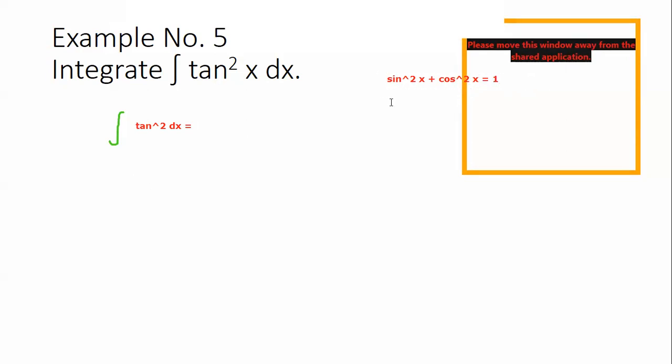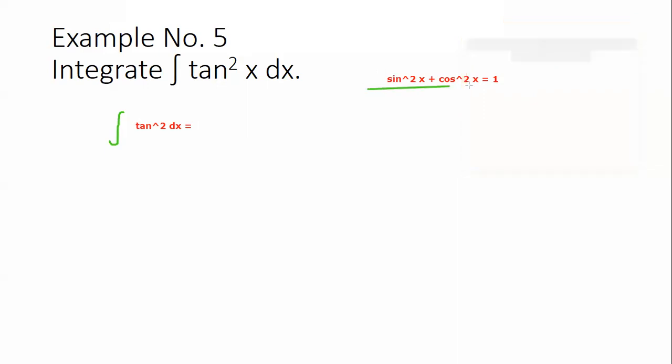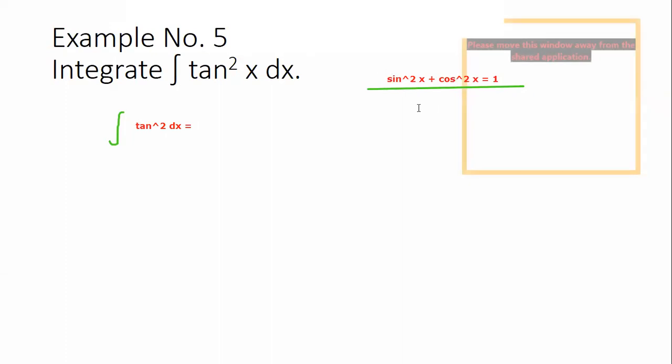If we divide this equation by cosine squared x, sine squared x over cosine squared x is the same as tangent squared x, plus cosine squared x over cosine squared x, which is 1, equal to 1 over cosine squared x, and that is secant squared x.